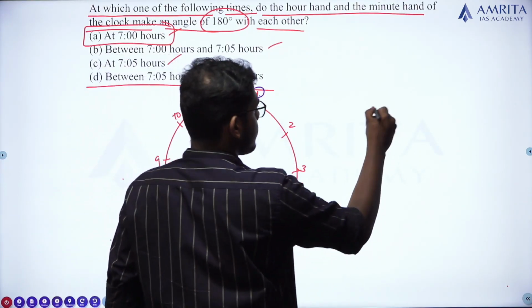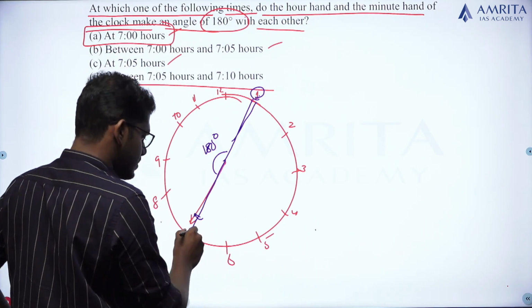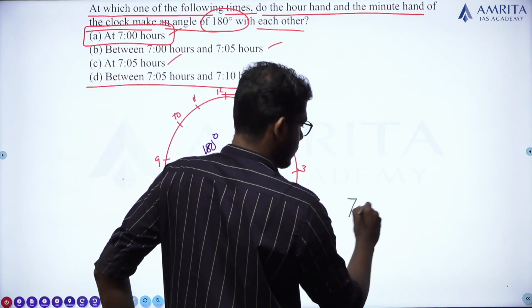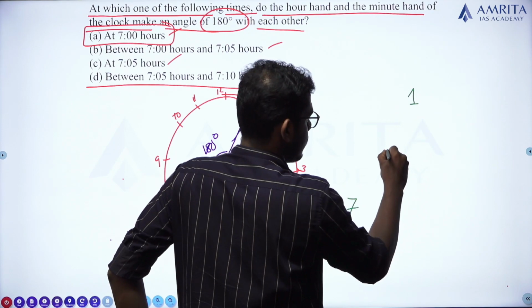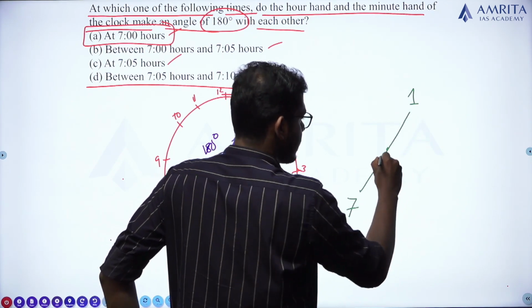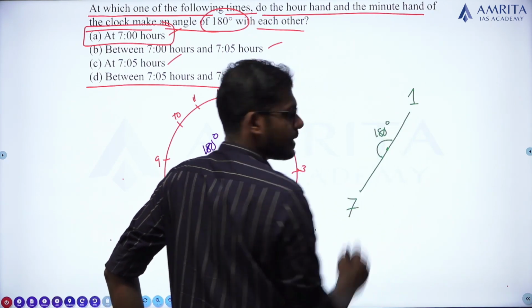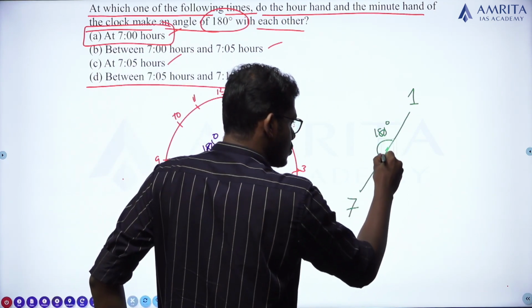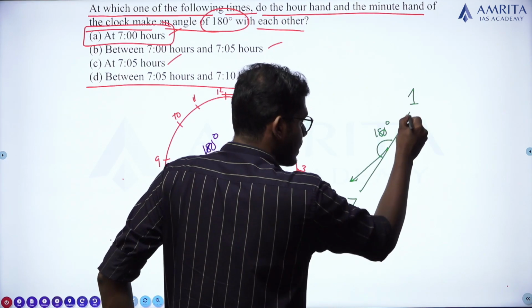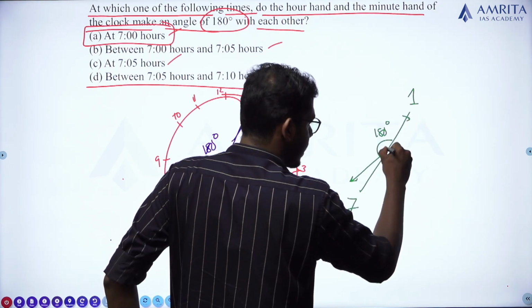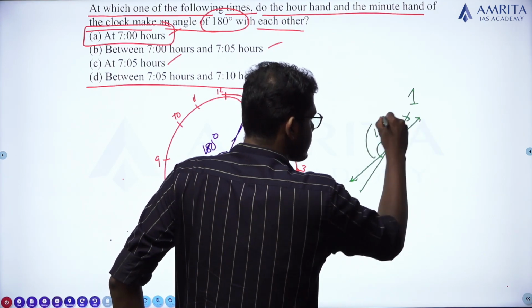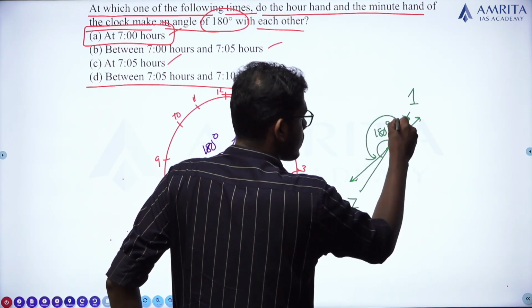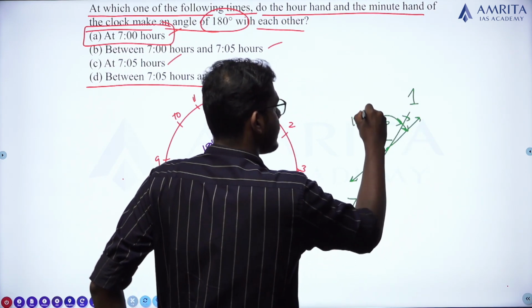See, initially suppose this makes an angle of 180 degree. But in reality, the hour hand moves towards its right, so the minute hand has to move towards its right also, so that this angle is 180 degree.